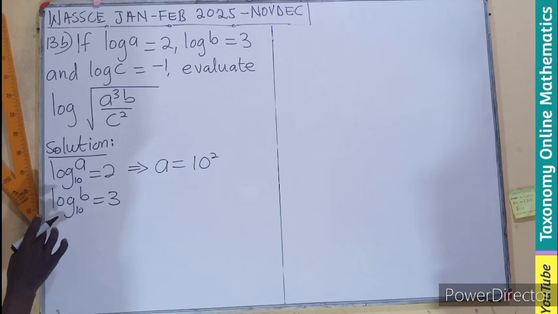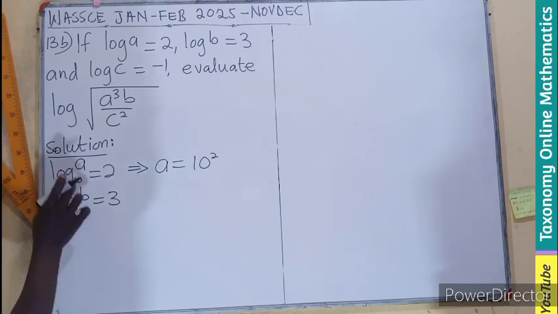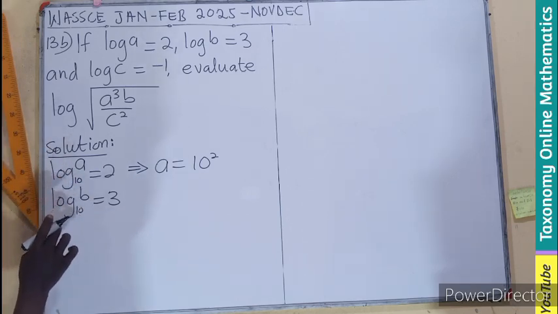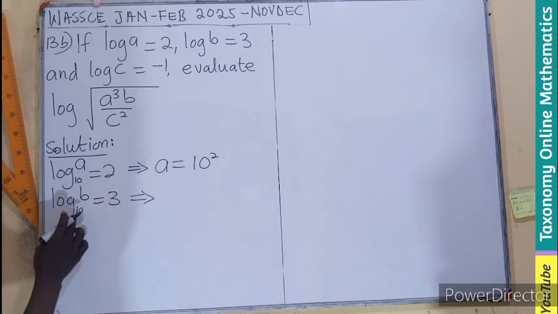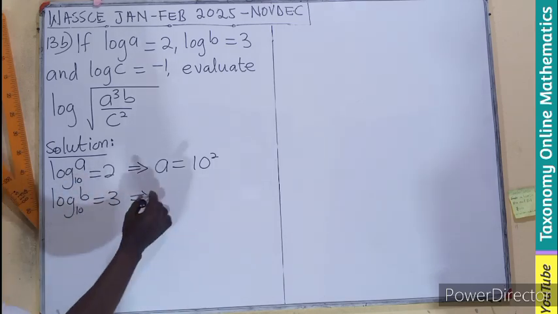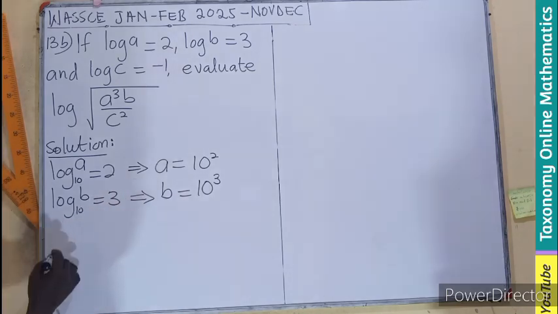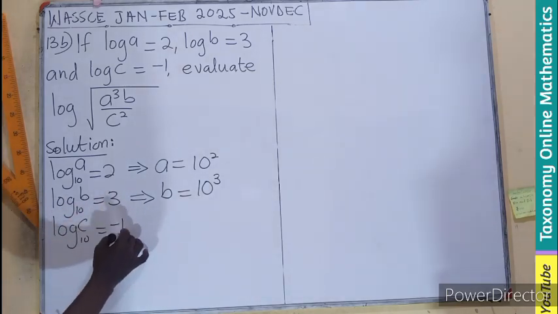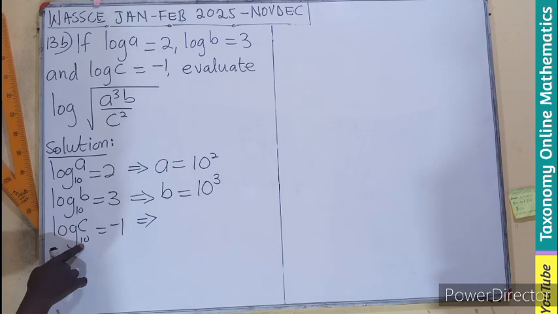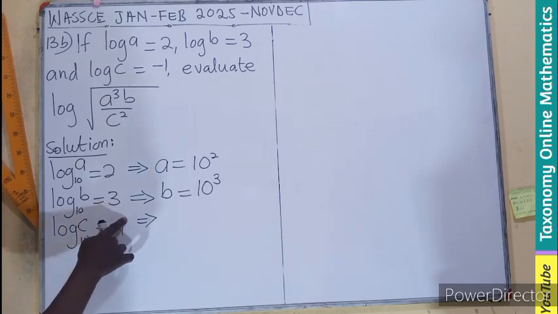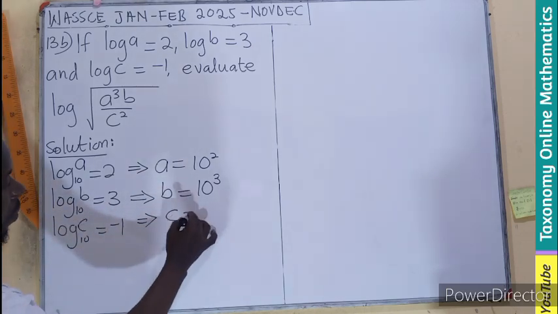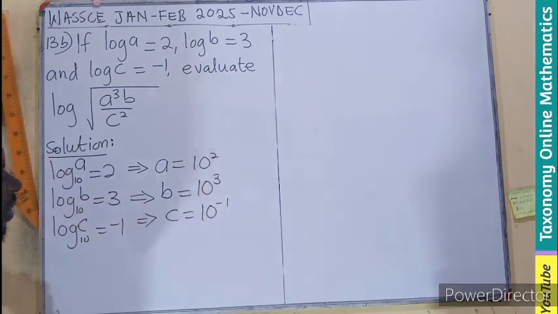The 10 is not there, but it is there because every log without the base is in base 10. This also means that 10 exponent 3 equals b. So the final one is log c base 10 equals negative 1, meaning 10 exponent negative 1 equals c.